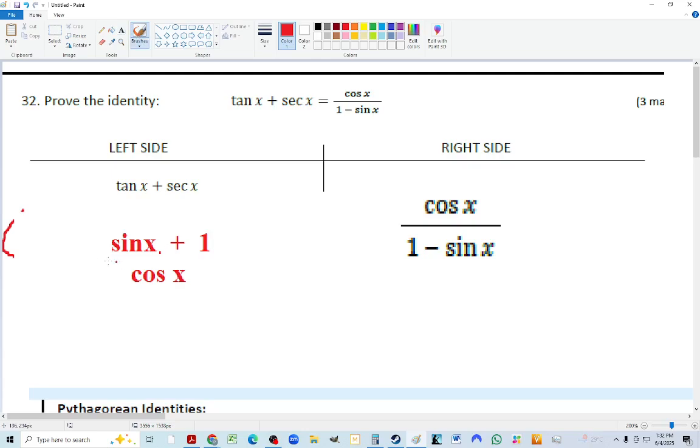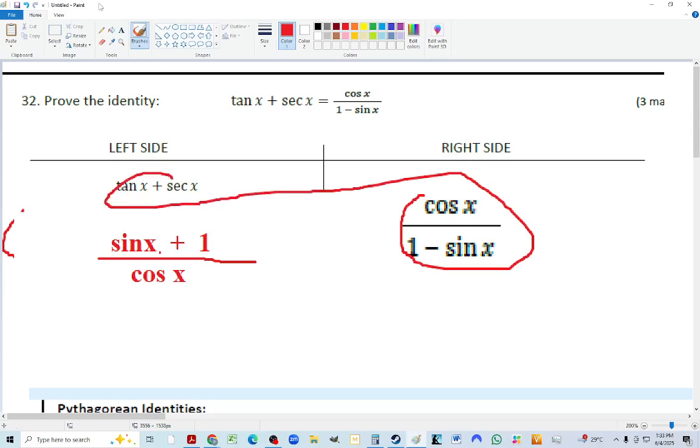And I could still say, okay, well, let's see what I can do here. Well, I bet you I could convert. Let's see if I can convert all of this to that.